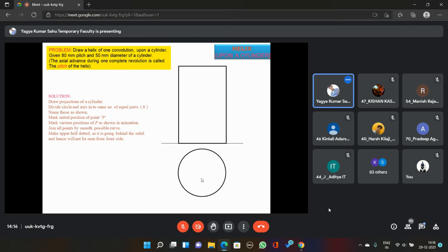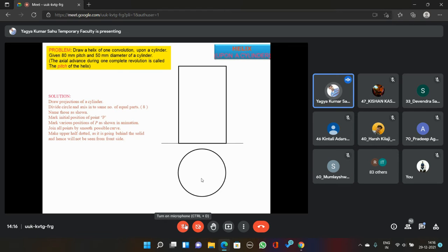Now, for drawing any type of curve, we need points on the circumference of that particular curve, so that we can join those points and get the exact curvature of that curve, whether helix or cycloid or involute. So for getting those points, we need to divide the circle into how many equal divisions? 12.